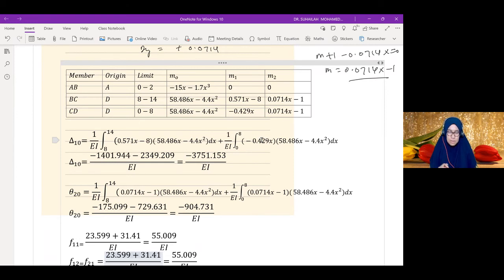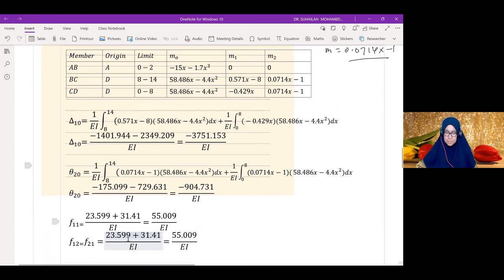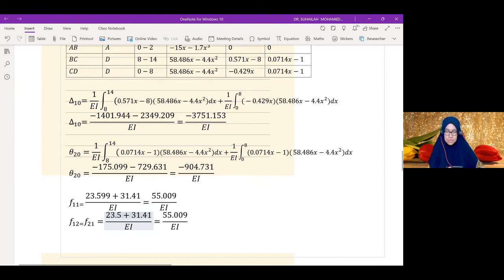From 8 to 14, we get 2.947. And another one is negative 0.429 x times 0.0714 x minus 1 from 0 to 8.